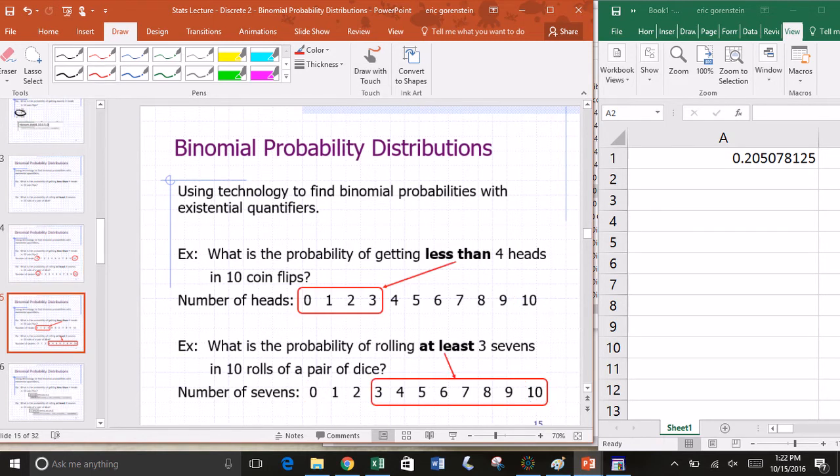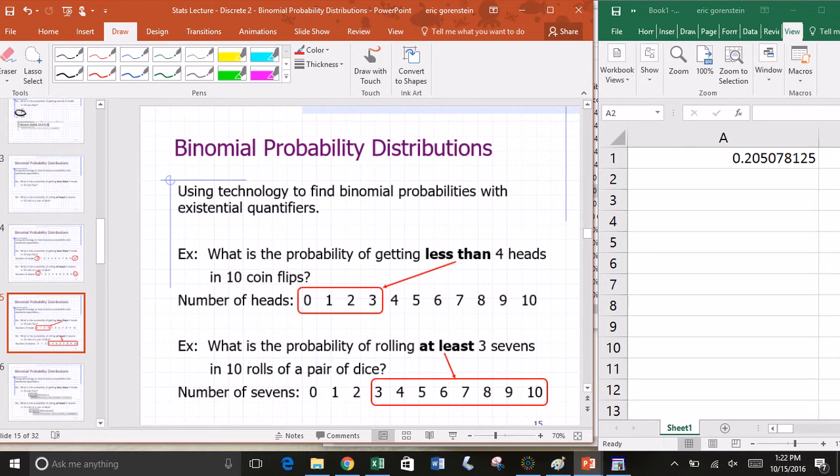So now, which values correspond to less than 4, and which values correspond to at least 3? In the first case, less than 4 means 3 or 2 or 1 or 0. And then in the second case, at least 3 corresponds to 3 or more: 3 or 4 or 5 or 6 or 7 or 8 or 9 or 10. So the cumulative function is used when you want to calculate a range of x values using OR, the probability of 0 or 1 or 2 or 3.